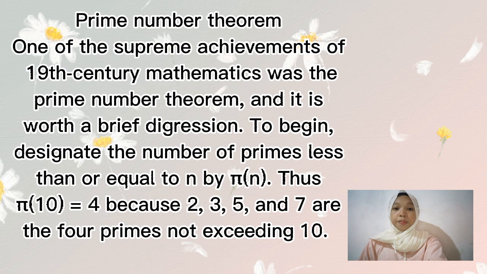Clearly, π(10) over 10 is equal to 0.40, meaning that 40% of the numbers not exceeding 10 are prime.